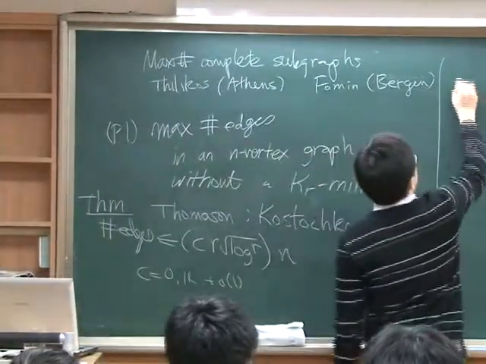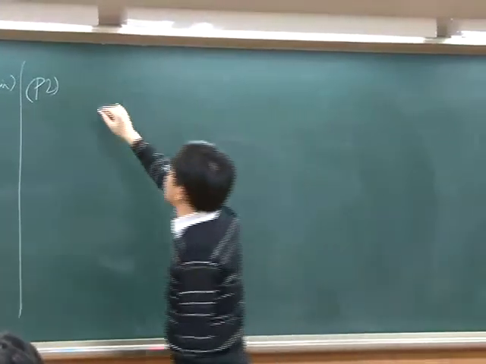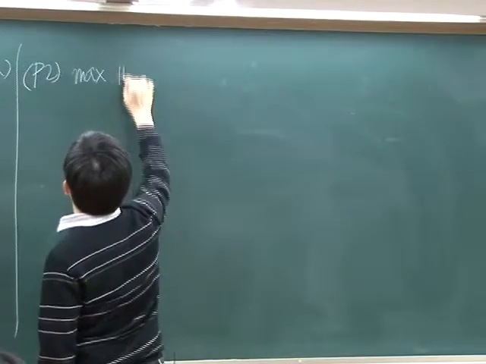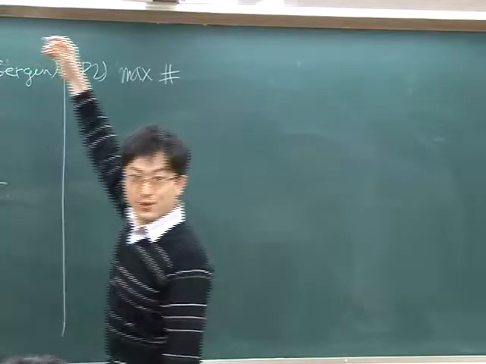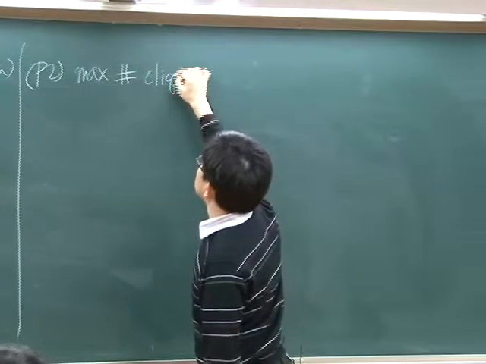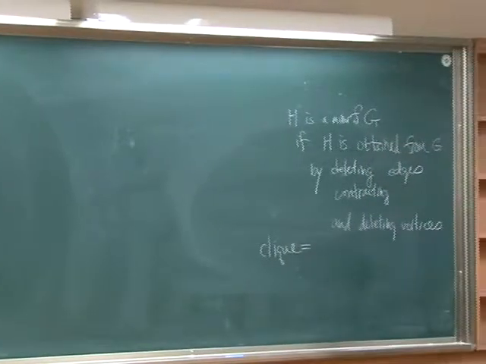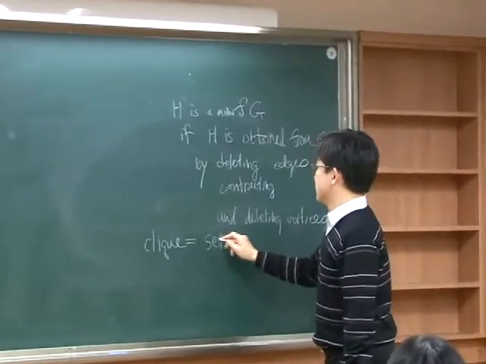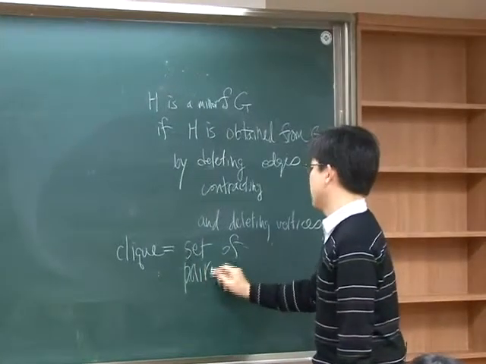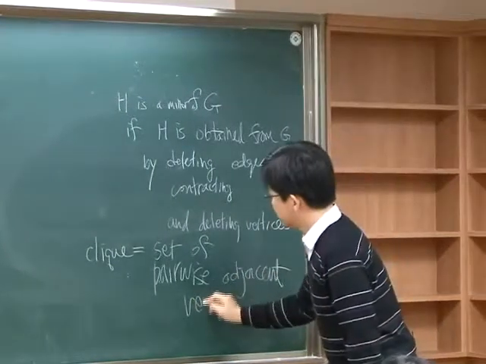And here is the second problem. In this problem, instead of counting edges, we want to count complete subgraphs. And they are normally called cliques. So a clique of a graph is a set of pairwise adjacent vertices.